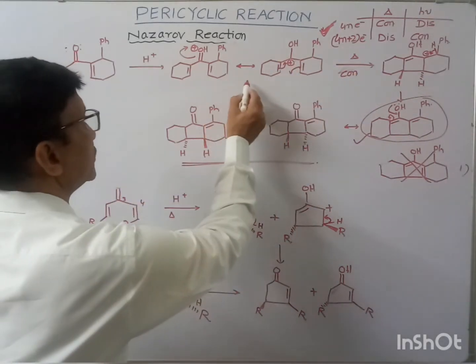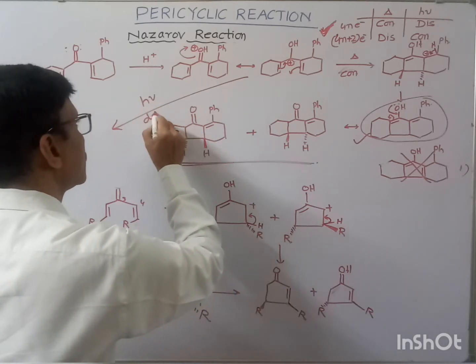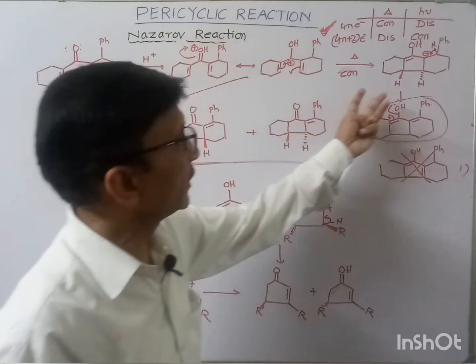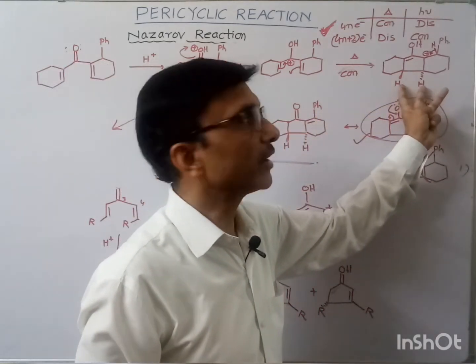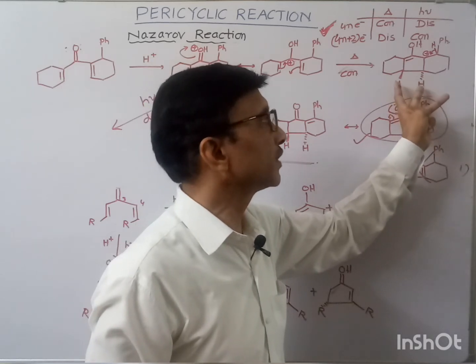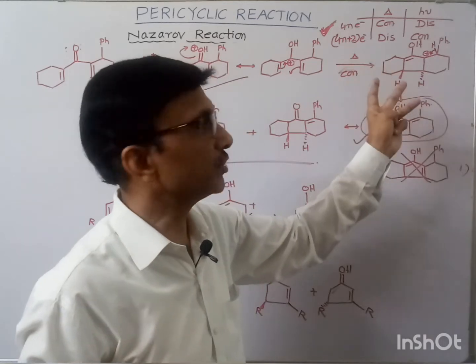Under photochemical condition, disrotation of the orbitals will take place, and after disrotation the stereochemistry of the hydrogens will be the same. That is, either both hydrogens will be above the plane, or both hydrogens will be below the plane.